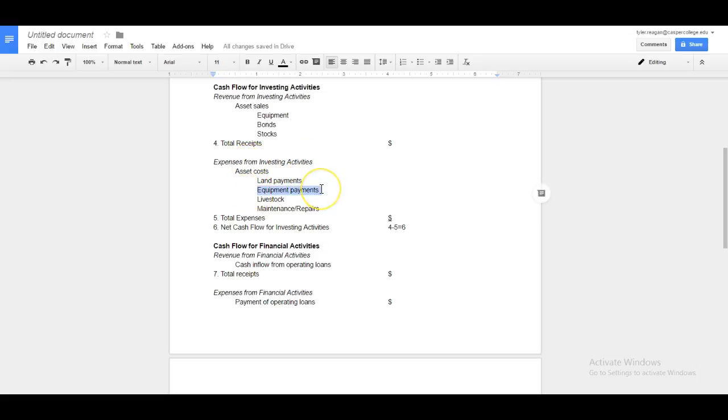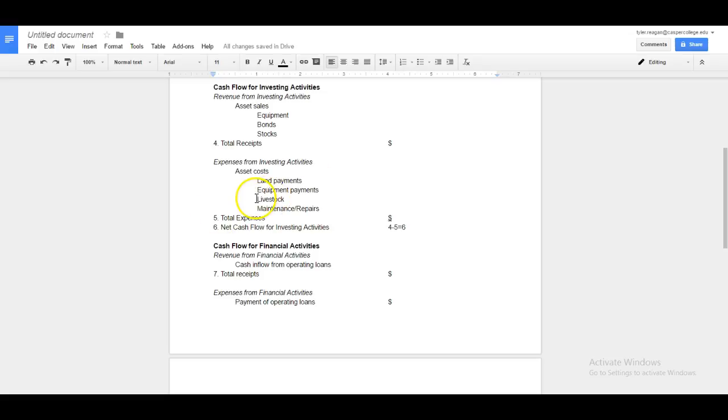What about equipment payments? If you are paying $500 or $1,000 a month for a tractor, that is an equipment payment. That is a cost associated with acquiring more assets, so that would be an expense under investing activities.